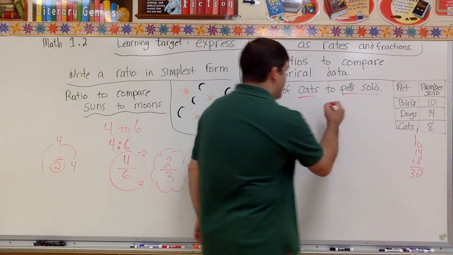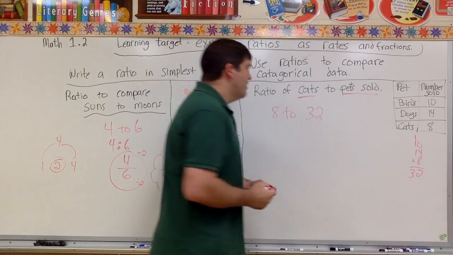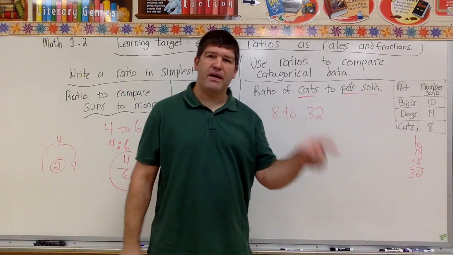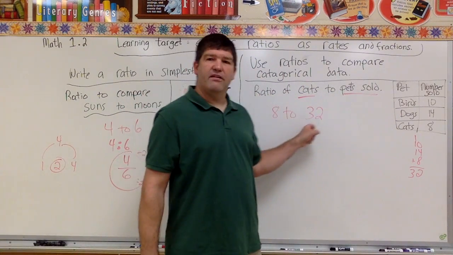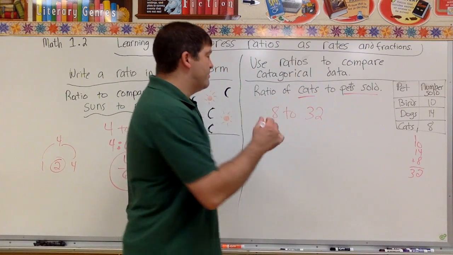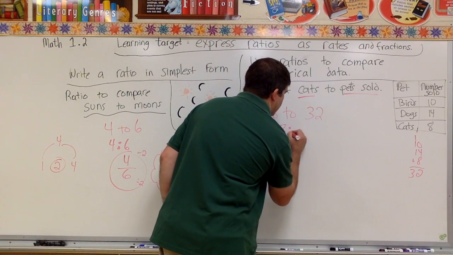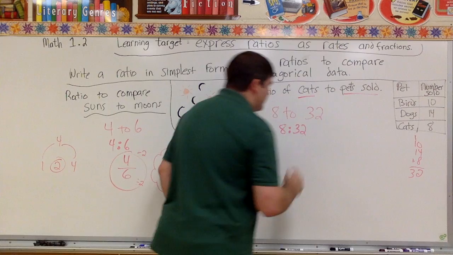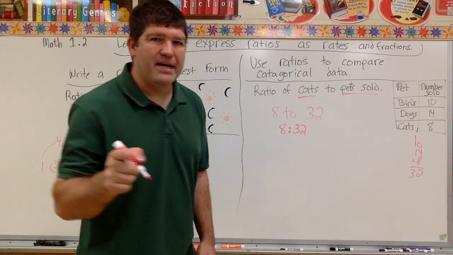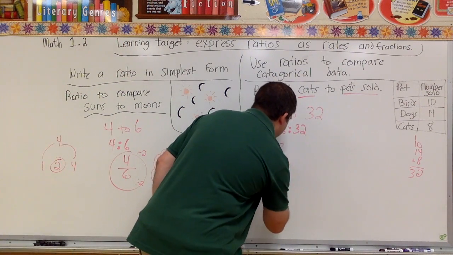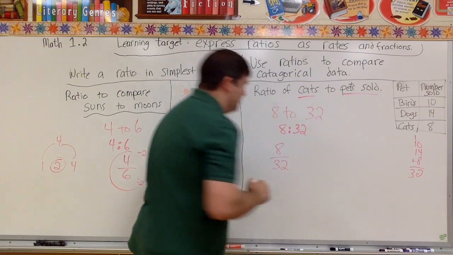So my ratio of cats to pets sold is 8 to 32. I could also write it like this, or the way I like best, as a fraction, 8 to 32.